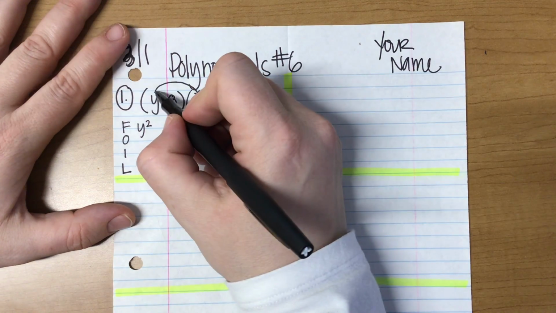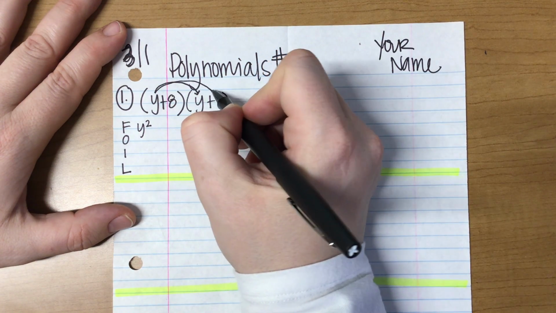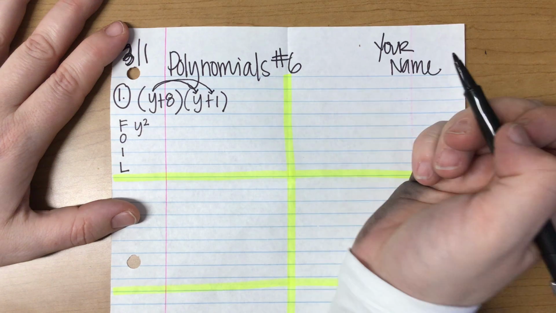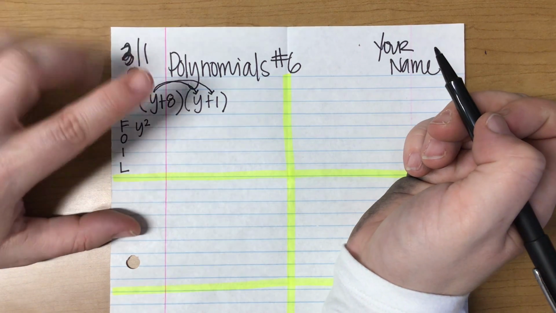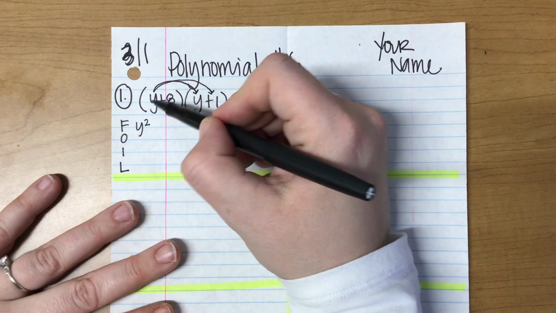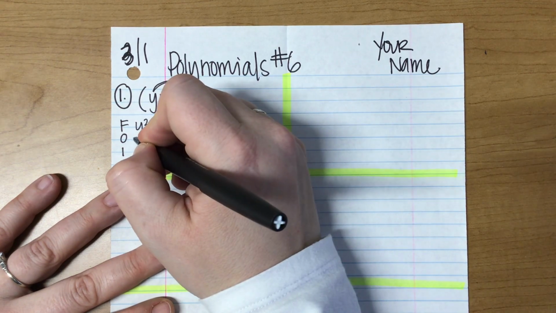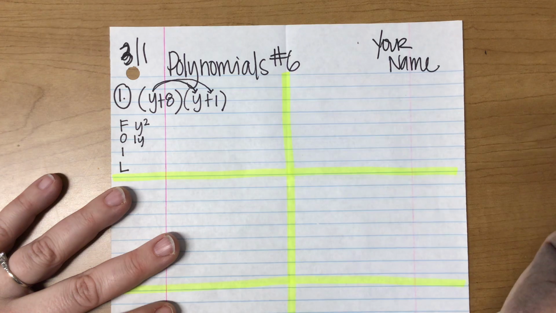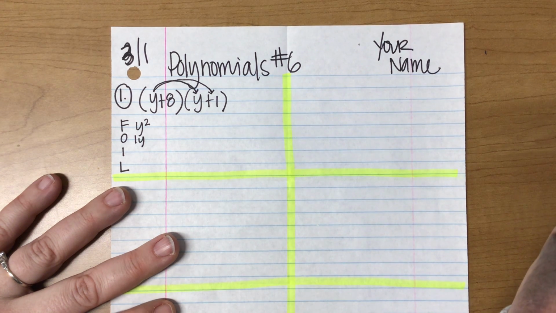Then I take the first term times the last term. That means the two outside terms, the first and the last. They're on the outside. Y times 1 is 1y. Could you put just regular y? Sure.